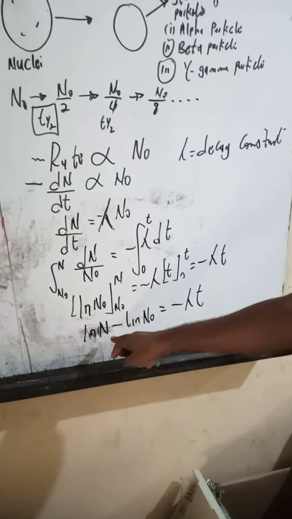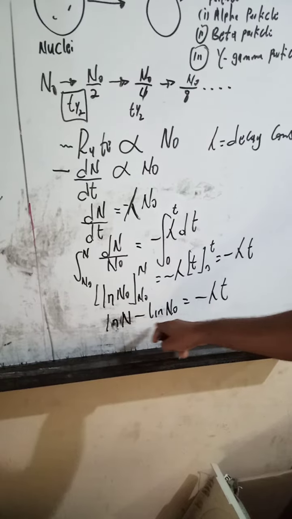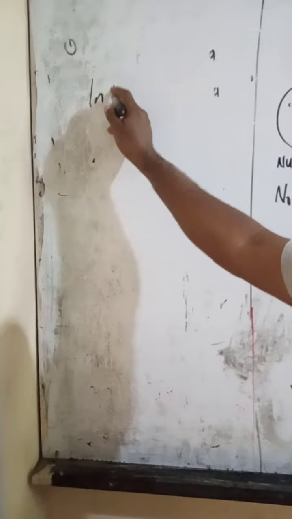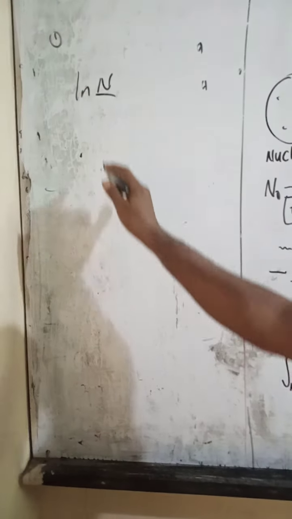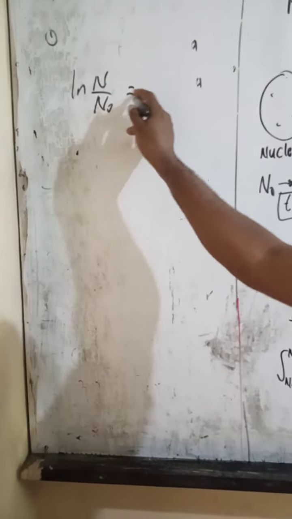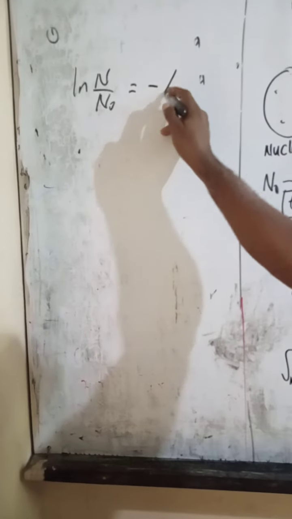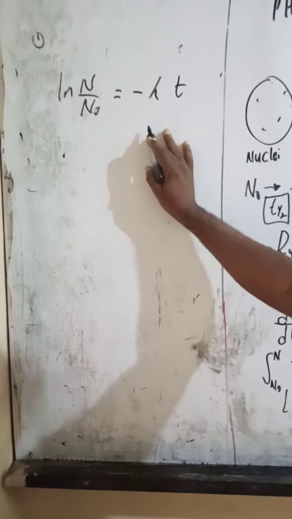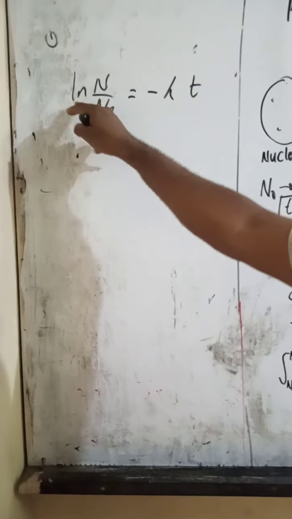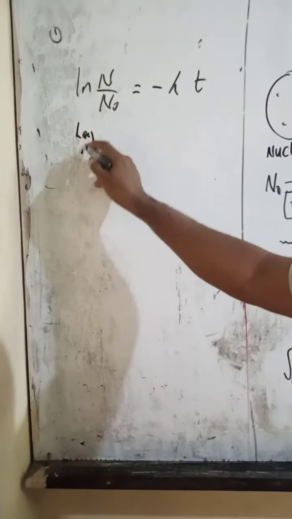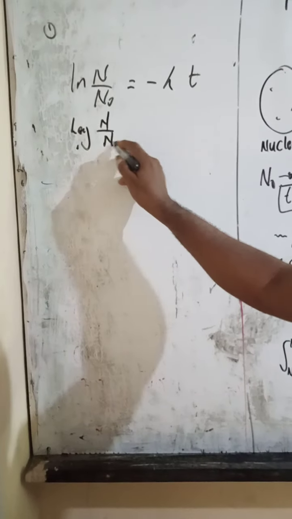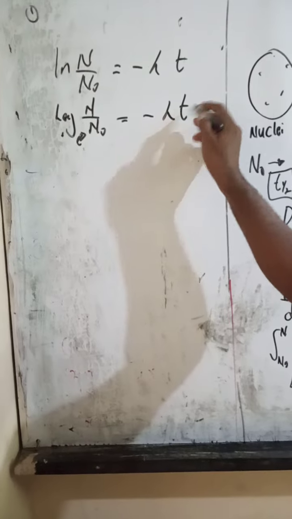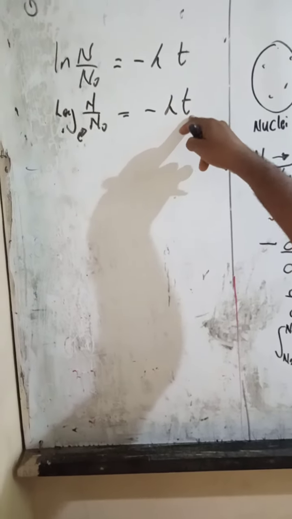Now from the law of logarithm, when we have something of this nature, it actually means ln n over n0 is equal to minus radioactive decay constant times time. Now this natural logarithm can be written as log of n divided by n0 to base e is equal to minus radioactive decay constant times time.